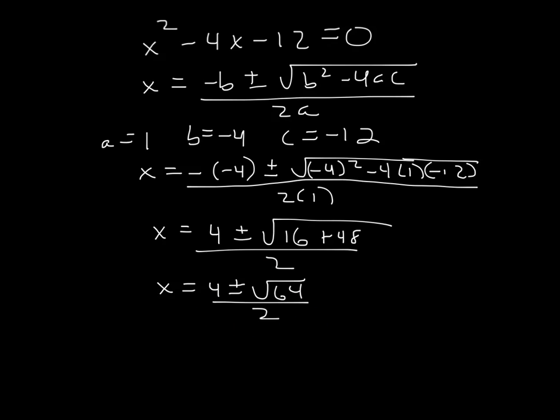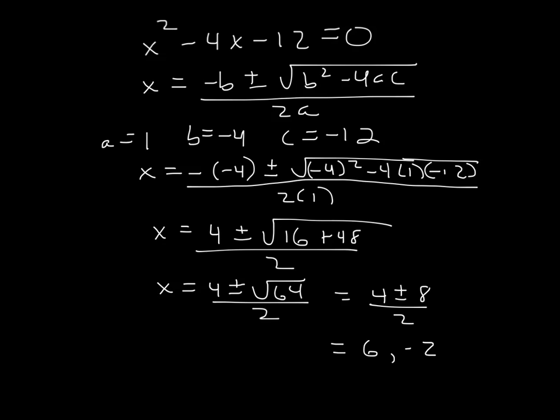But you'll notice here that's a perfect square root, so we need to keep going with that one. So that equals 4 plus or minus 8 over 2, which equals 4 plus 8, which is 12, divided by 2 is 6. And the other answer is 4 minus 8, which is negative 4, divided by 2, which is negative 2.